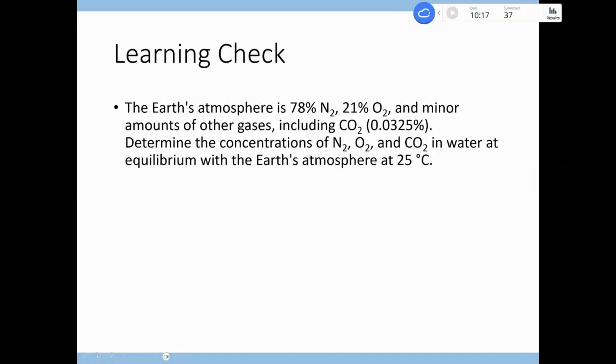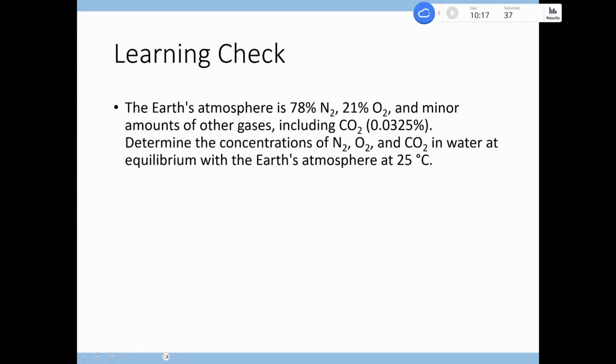So let's use that for this learning check. The Earth's atmosphere, we've talked about the atmosphere a little bit, is 78% nitrogen, 21% oxygen, and then some other gases. We can use the pressure and composition of the atmosphere to calculate the concentration of each of these gases in water at standard temperature and pressure.